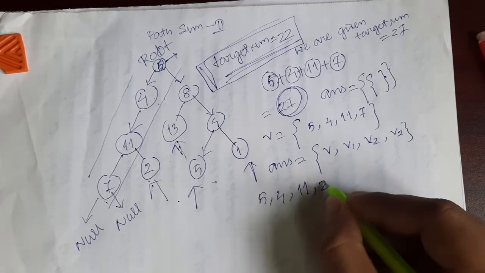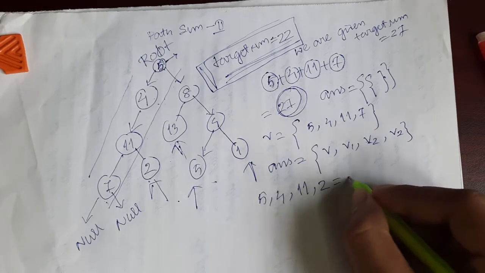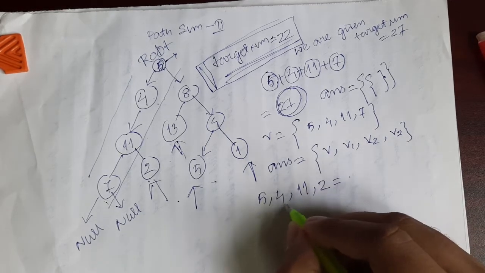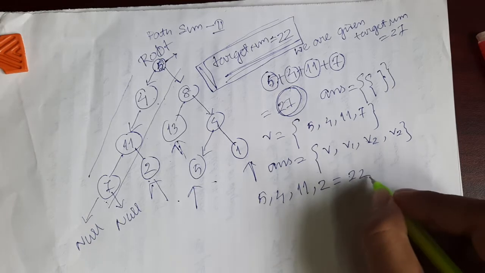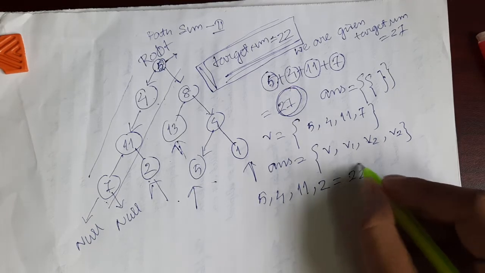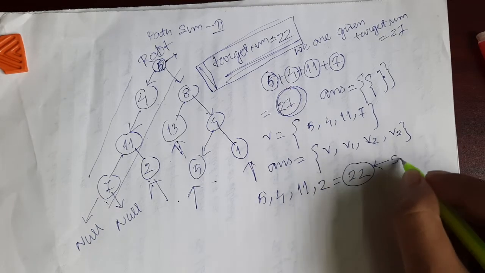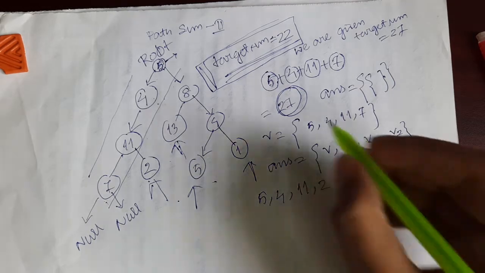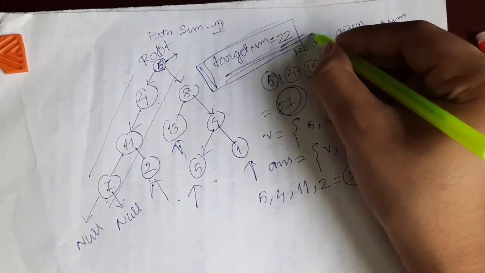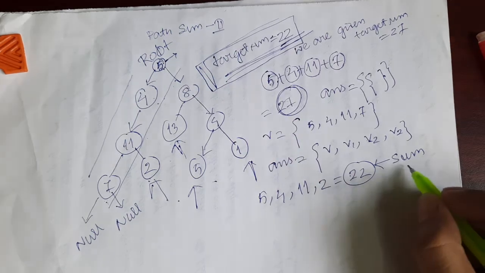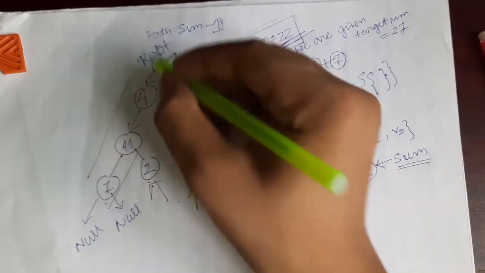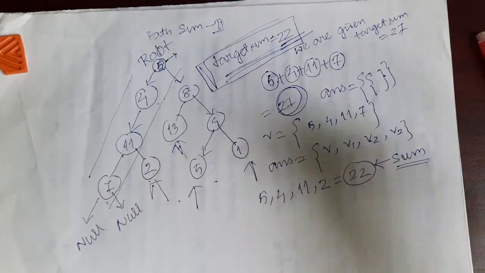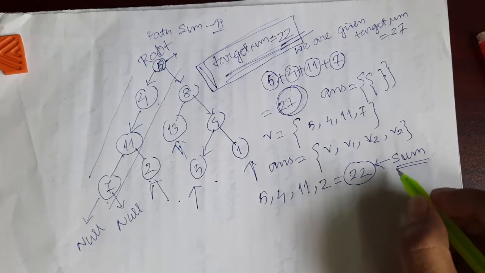What is the sum of them? Sum of them is nothing but 11, 4, 15, 22. So 22 is the sum. As this is matching our target sum, which is 22, and the sum of the path from root to leaf node is also 22, we can see that okay, this is our answer.